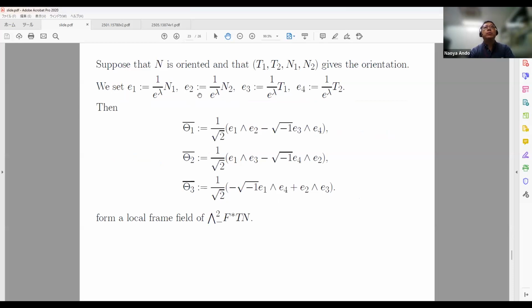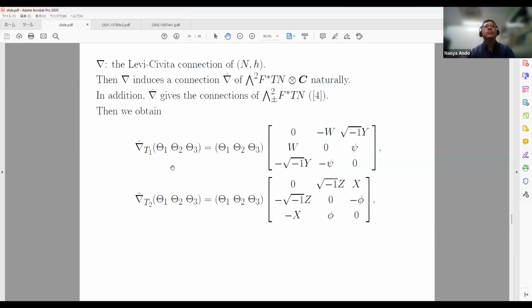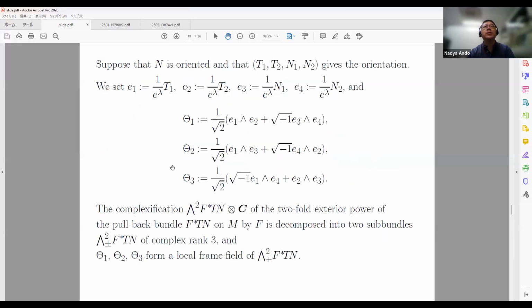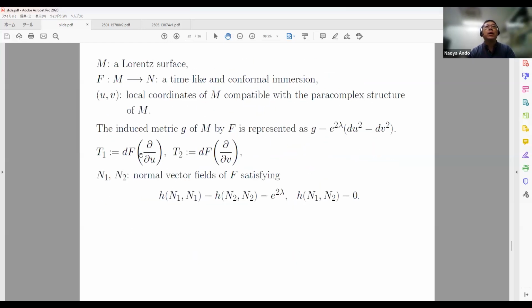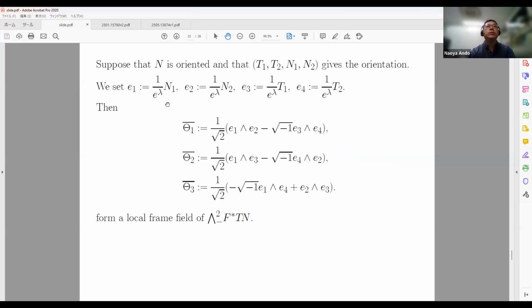Let E1, E2, E3, E4 be given by these. Notice that this is N1, this is N2, this is T1, this is T2. In the space-like case, T1, T2, N1, N2. But in the time-like case, we set N1, N2, T1, T2.